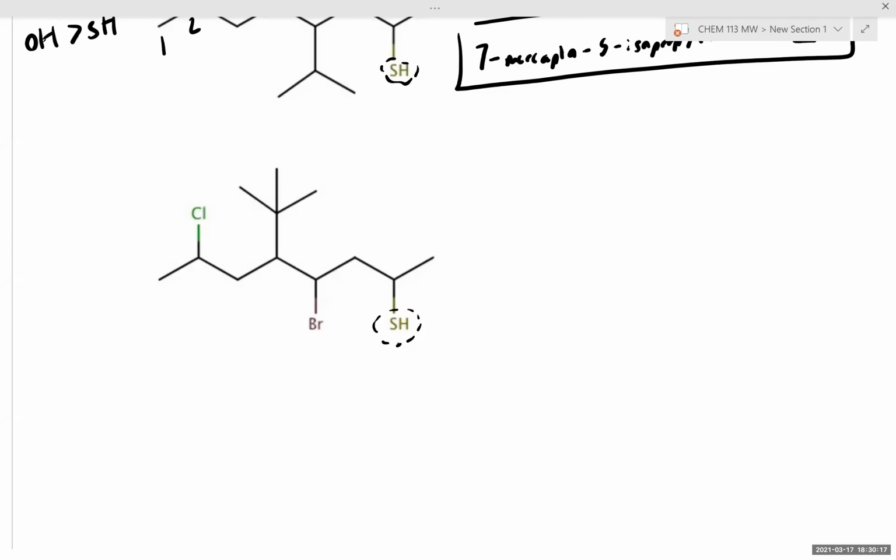I'd like you to share your proposed names for this compound in the chat or verbally. And remember, in this case, our thiol group is our highest priority group.